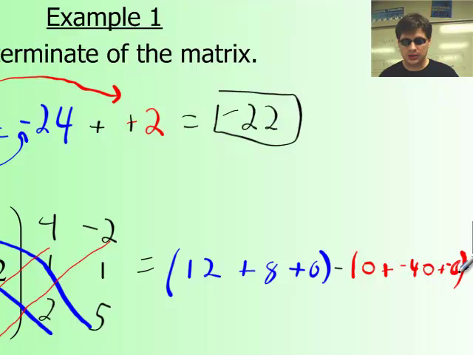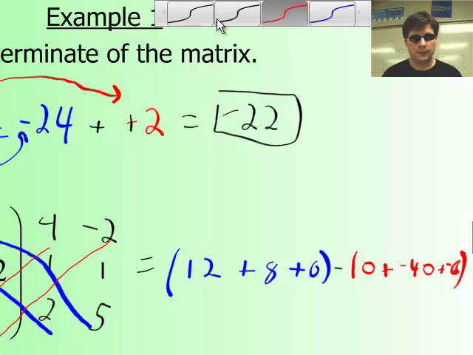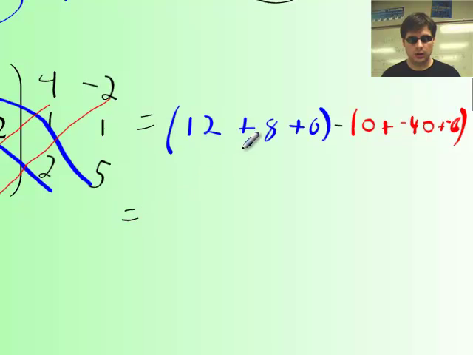Okay, so now we will simplify what we have. So 12 plus 8 gives us 20, minus, and then -40 plus -6 gives us -46.